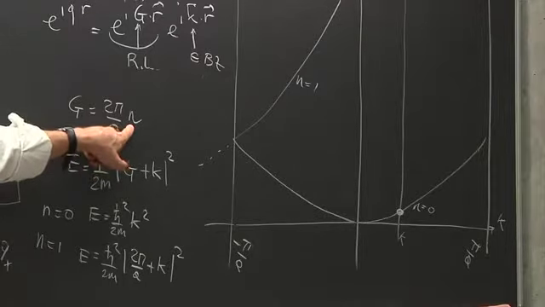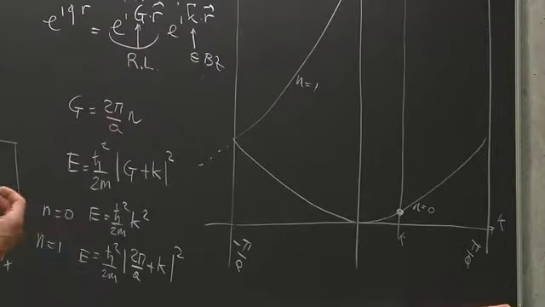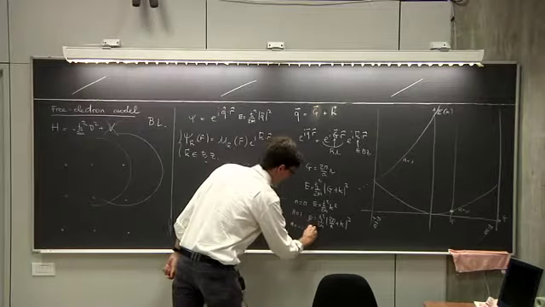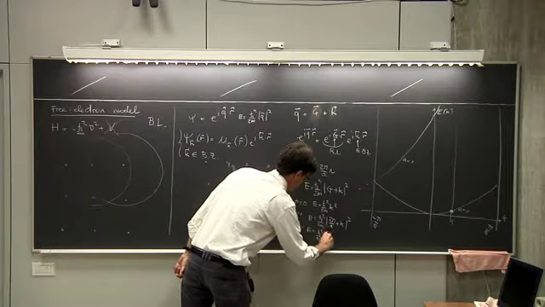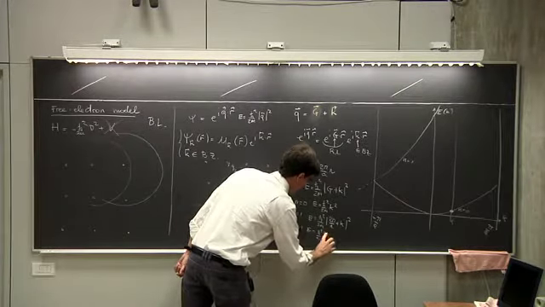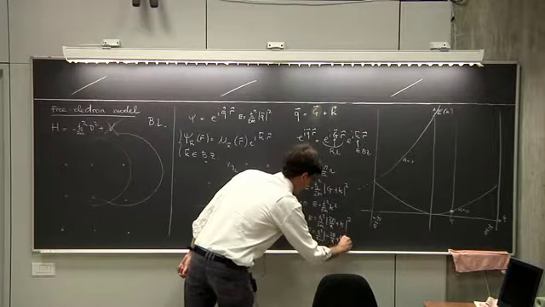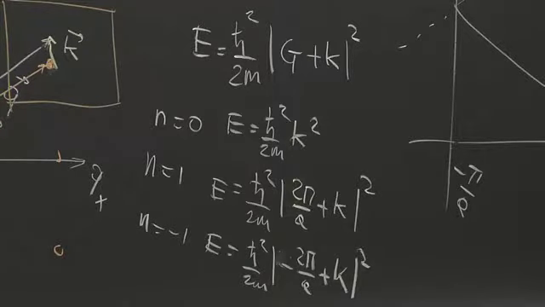n is not restricted to take only positive values. You can take also negative values. So n equals minus 1, for example. The energy is equal to ħ squared over 2m (minus 2π over a plus k) squared. Again a parabola, but now centered at 2π over a.